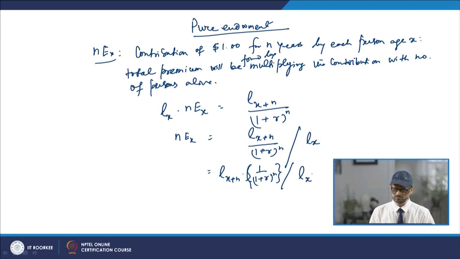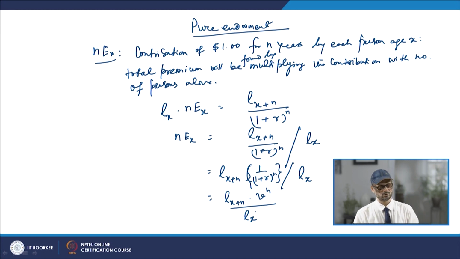So you can write lx plus n into v^n divided by lx. This is for a hypothetical value of $1. Now if you have to calculate for the actual payment P, you have to multiply this with the value P.